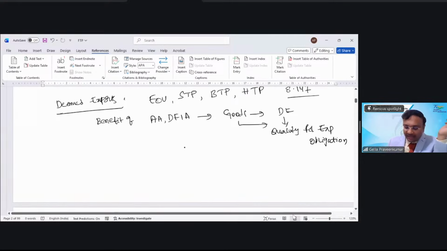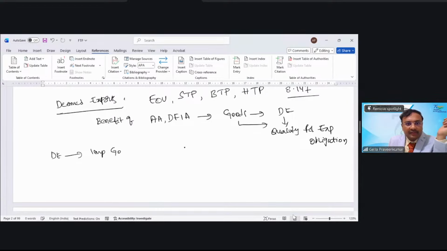In addition to what they enjoy, these units as deemed exports, I can import goods without payment of customs duty. And what do I have to do? I have to export goods out of India, subject to your domestic tariff clearances.